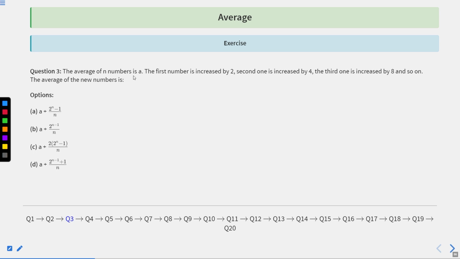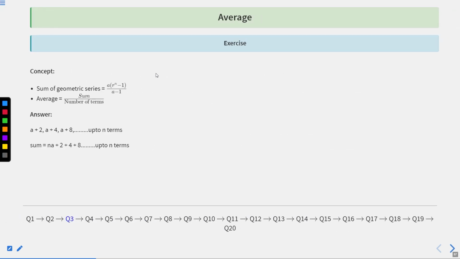The average of n numbers is a. The first number is increased by 2, the second one is increased by 4, the third one is increased by 8 and so on. The average of the new numbers is. So some change is happening here in the numbers, and what will be the average of the new numbers?